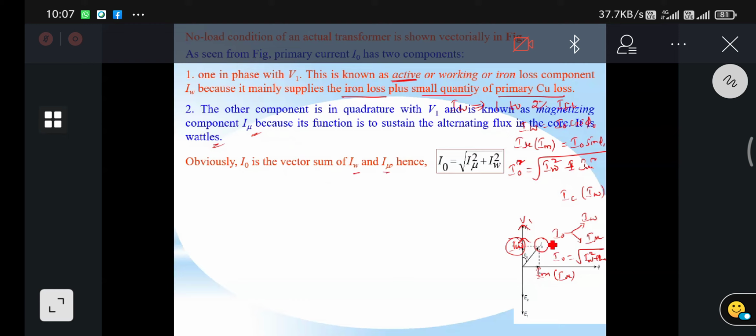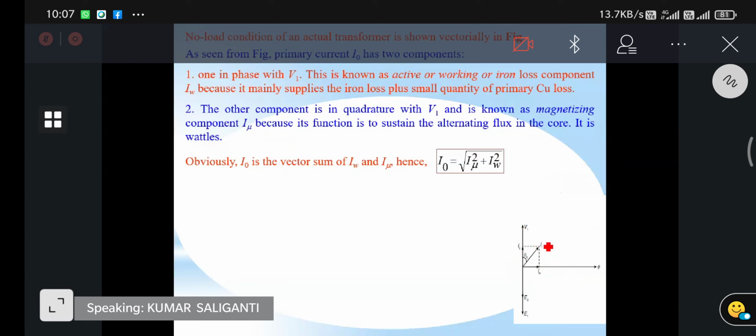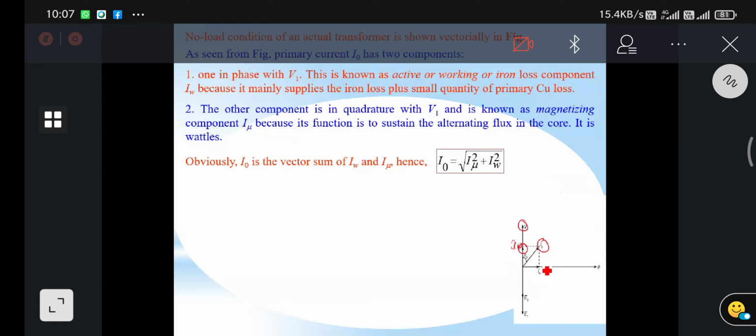Both are in quadrature, this is the Iw and this is the Im. Hence I naught equals the square root of Im square plus Iw square.